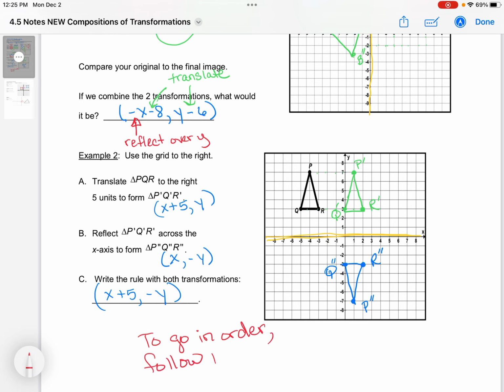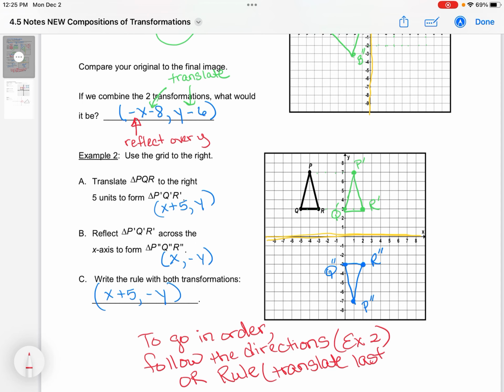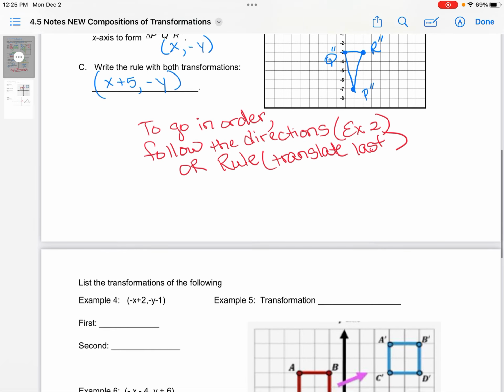You follow the directions, like example 2 and example 1, or if you have a rule, translate last. So you're going to rotate or reflect first and translate last, unless they tell you to do it in a different order.